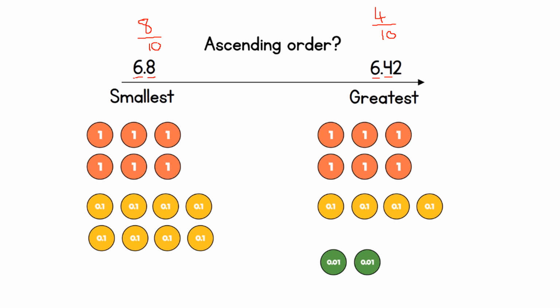And look at the counters over here as well, the place value counters. So we had 6 ones, both the same. We have 8/10, tenths, and 4/10.